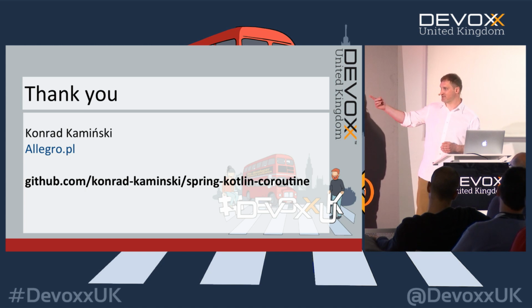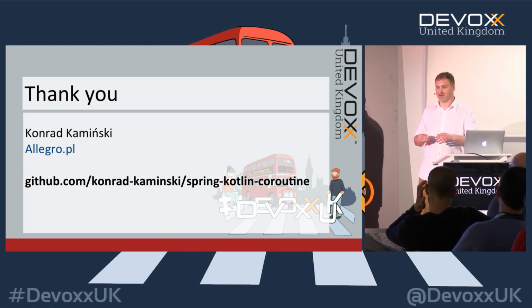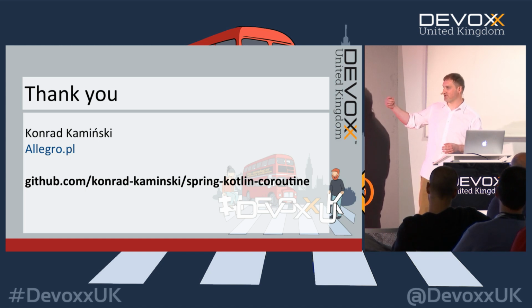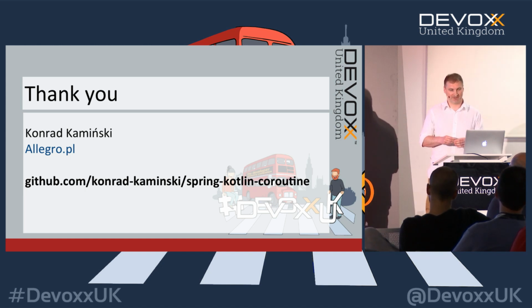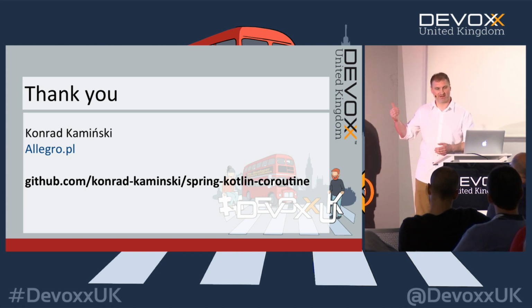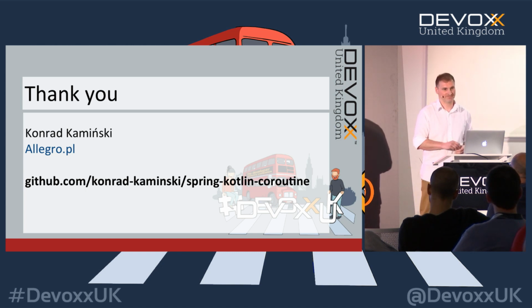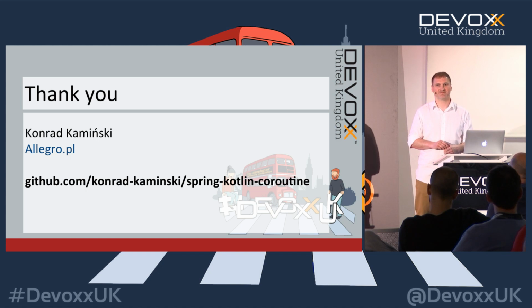This library actually allows you to, if you just make a dependency on this library, use both at the same time: the reactive programming, the reactive types, and the coroutines as well. So yeah, it's perfectly possible.